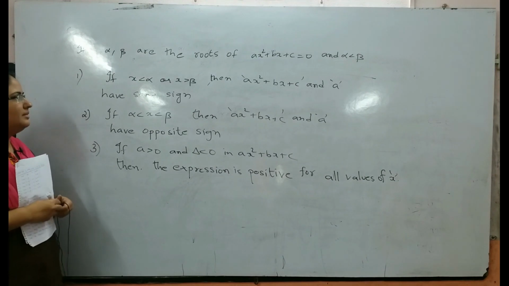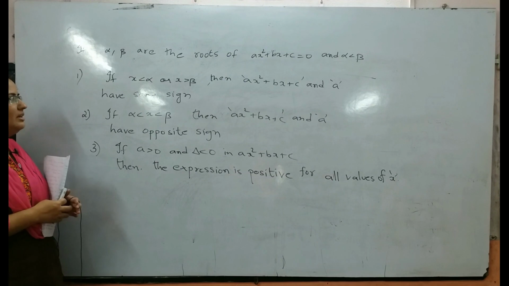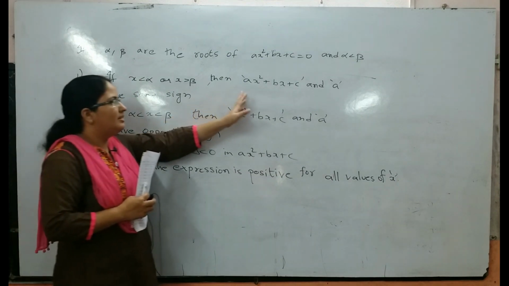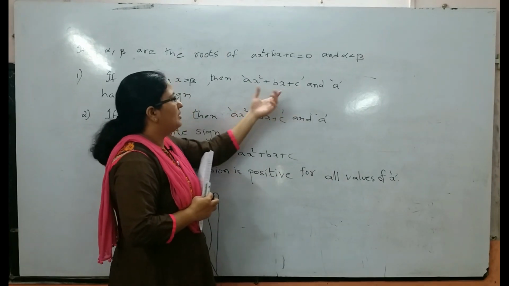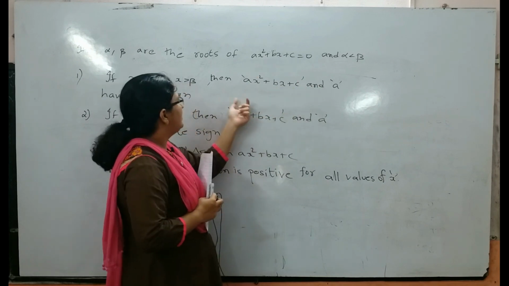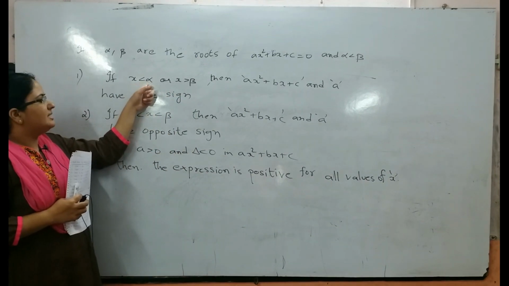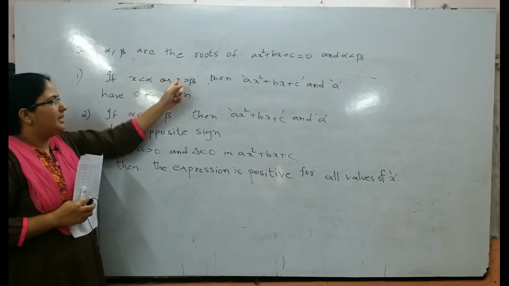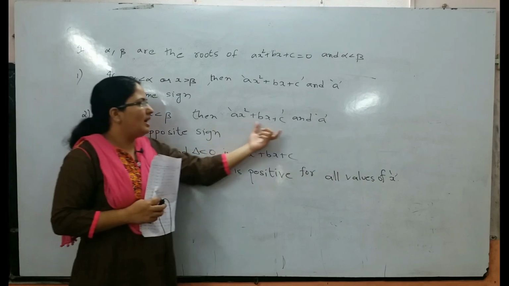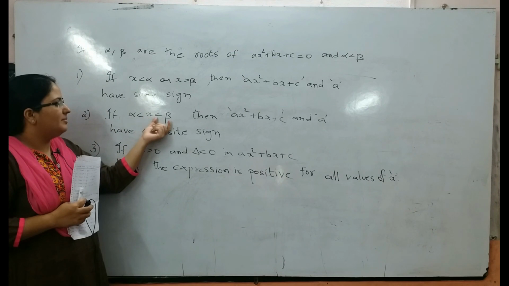Now see here, we are going to discuss the sign of the expression with a. Suppose both of these have same sign, then x is less than alpha or x is greater than beta, and if these two have opposite signs, then x lies between alpha and beta.